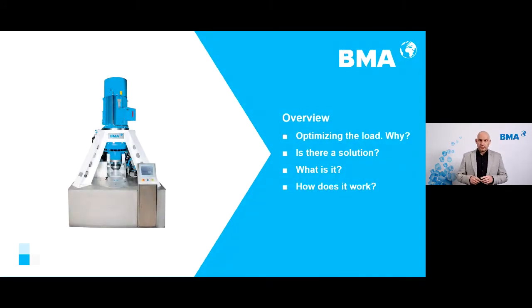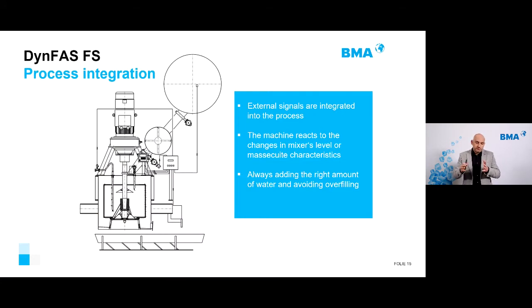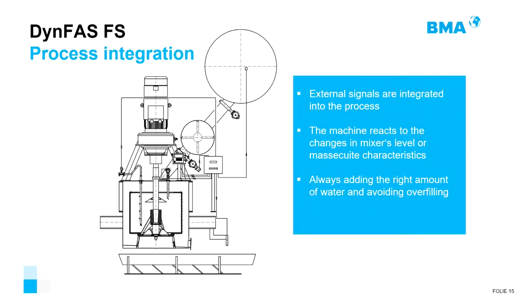How does it work, this small sensor, this DINFAS FS? Good. Let me show you more or less. Of course, I cannot explain perfectly because I am not the automation engineer who programmed all this sophisticated control loop, but I can give you some advice.